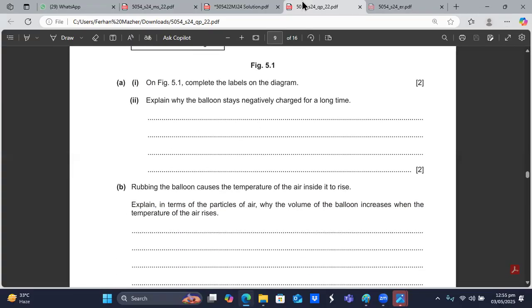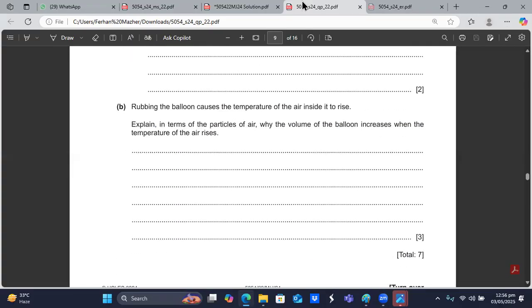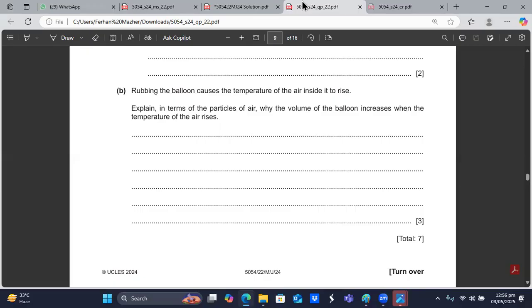Okay, question number 5, and it's the B part. Rubbing the balloon causes the temperature of the air inside it to rise. Explain, in terms of the particles of air, why the volume of the balloon increases when the temperature of the air rises. So what happens when you rub the balloon? The temperature of the air inside the balloon increases.